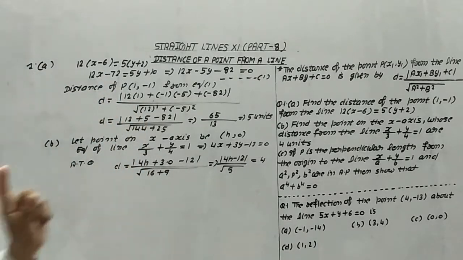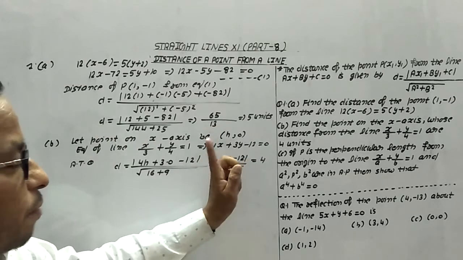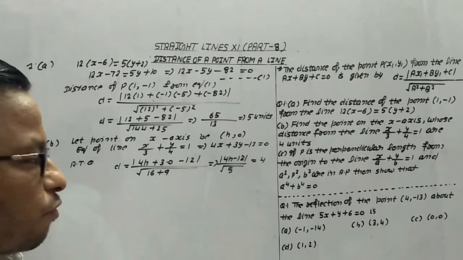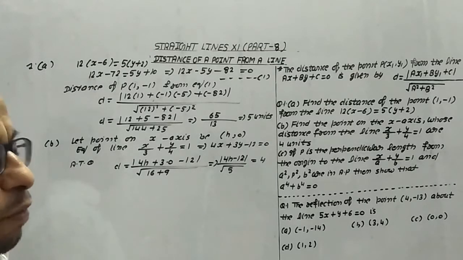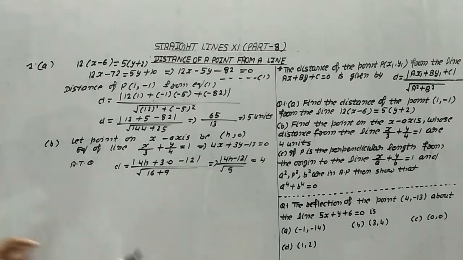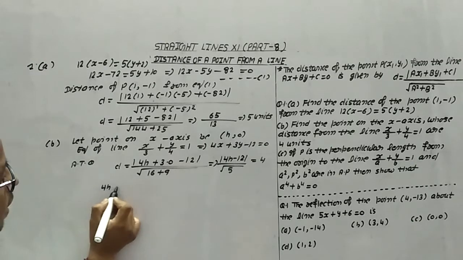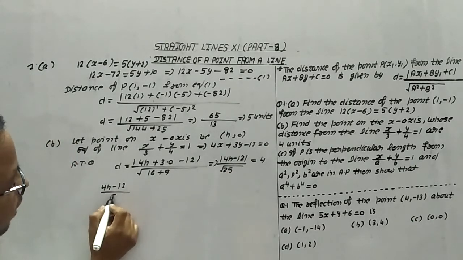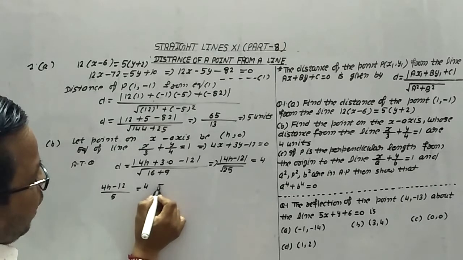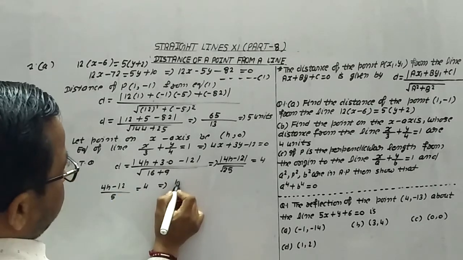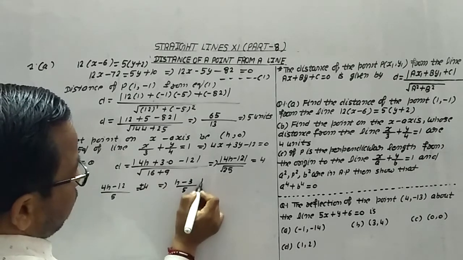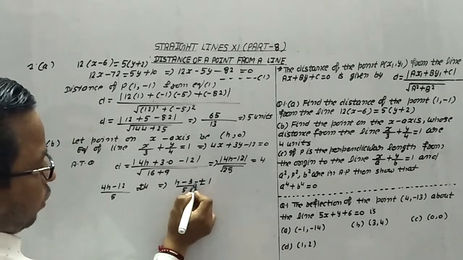Whenever we remove this modulus sign, we put a positive and minus sign here, because we will find the distance on both sides. This explanation I have already given. Take 4 common from this part, it means (h minus 3) upon 5 is equal to plus minus 1.